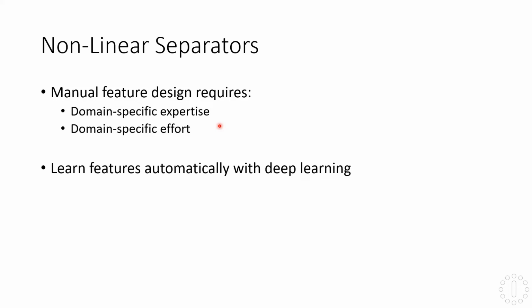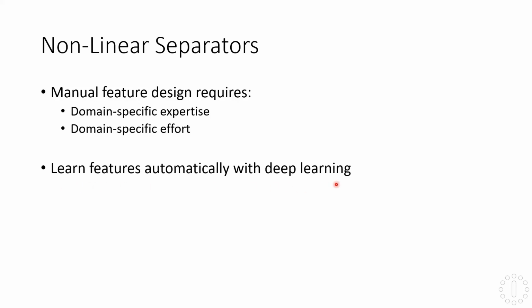However, this is only true for linearly separable data. So we want to find a way to make some of these classifiers, or these linear decision rules, into something that can separate nonlinear data.